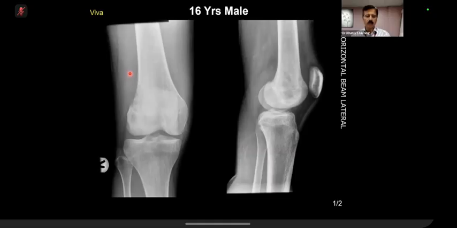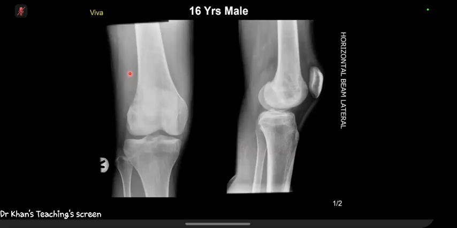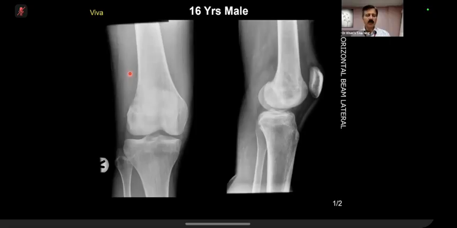The appearances overall are aggressive, and in this location, the distal femur, my differential is between, well, most likely a Ewing sarcoma in this age group location and with the large soft tissue component, but an osteosarcoma is also a possibility. Right. So, eccentric metaphyseal, what comes to your mind, number one?